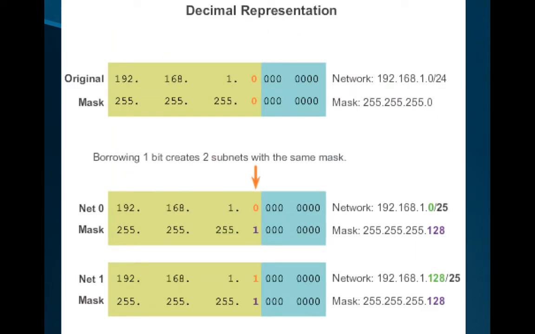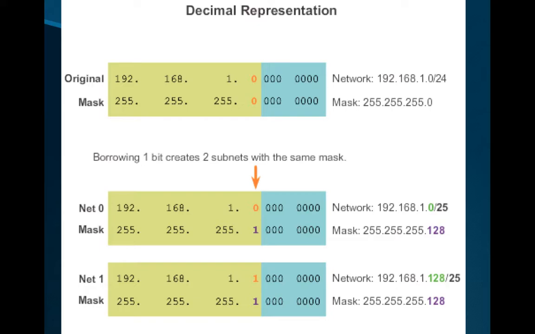As shown in the image, when we convert the binary octet to decimal, we see that the first subnet address is 192.168.1.0, and the second subnet address is 192.168.1.128.